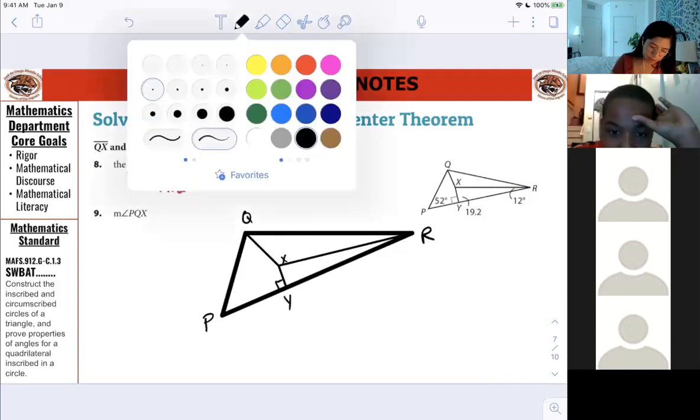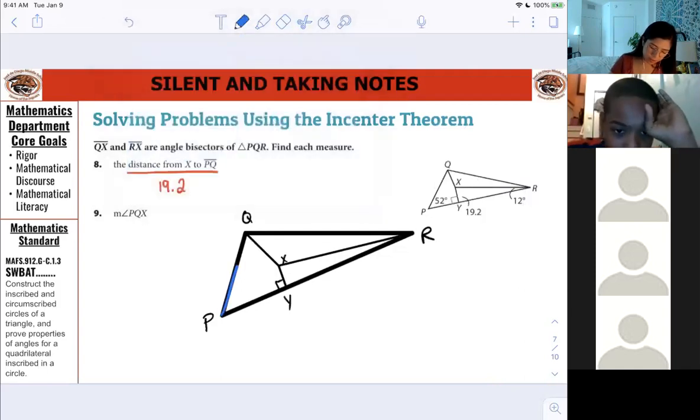So angle PQX. It wants us to know how much that measures right here. Well, let me fill in a couple of things. I know that this is 52 degrees. Y is 19.2. And R is 12 degrees.